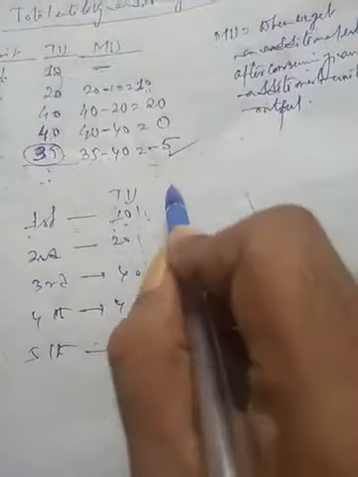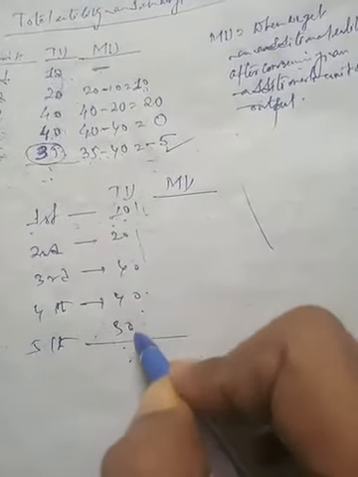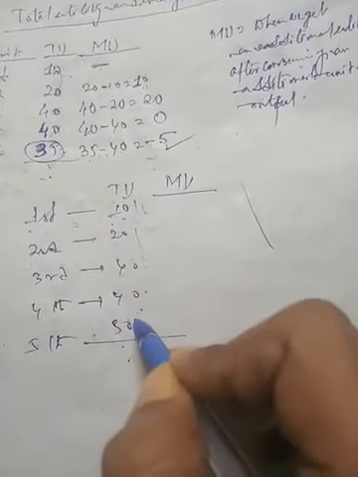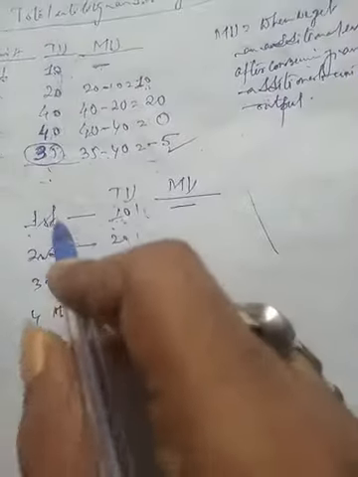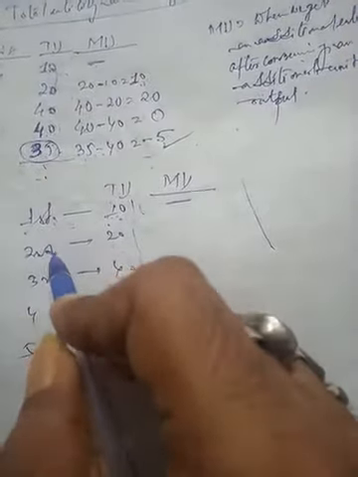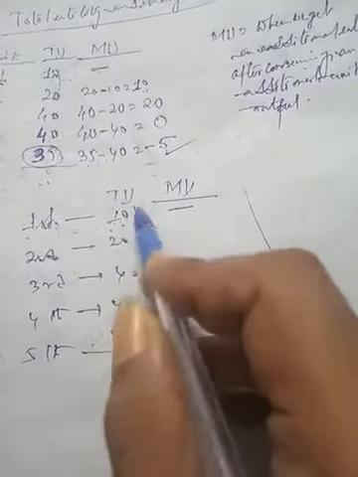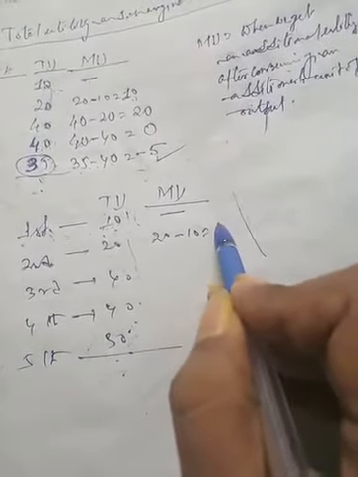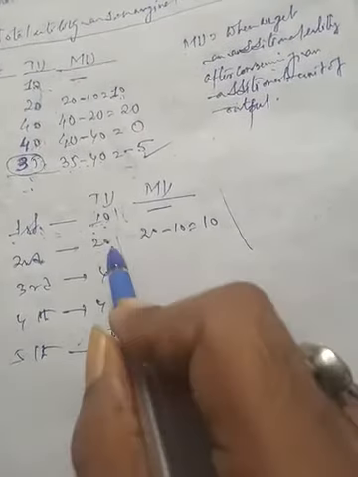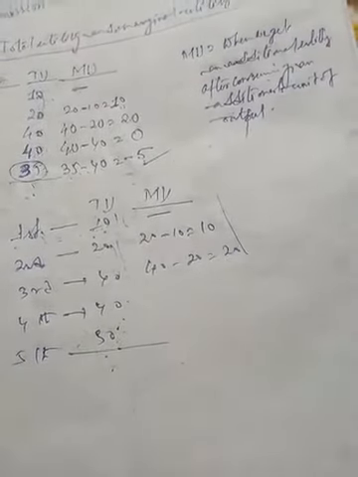And marginal utility is the difference of the total utility. In the first case there is no marginal. In the second, we consume one extra, so how much additional utility are we getting? That is 10. Next, 40 minus 20, that is 20.